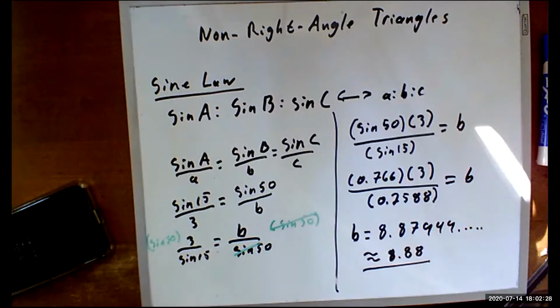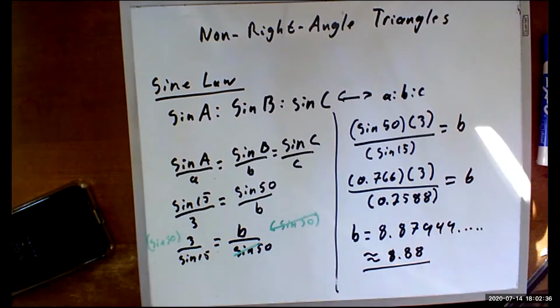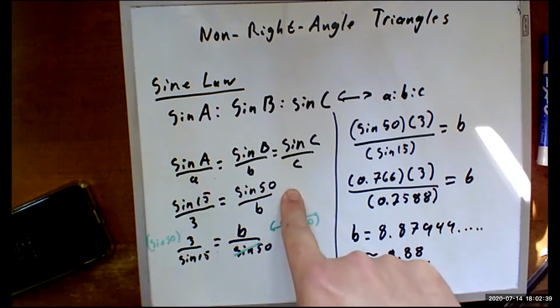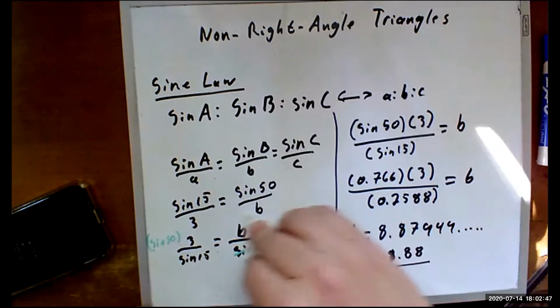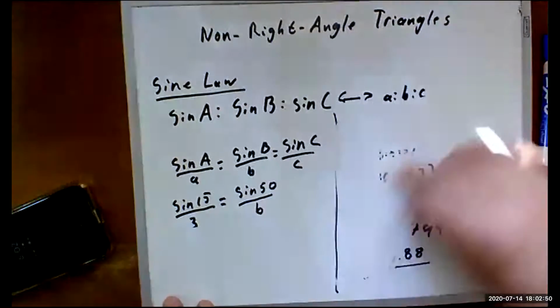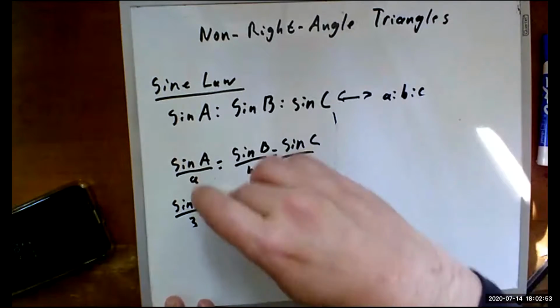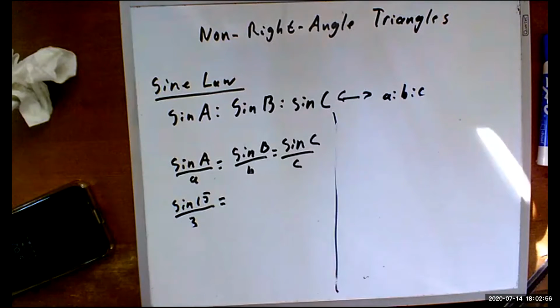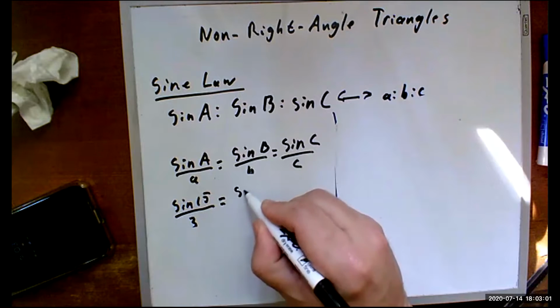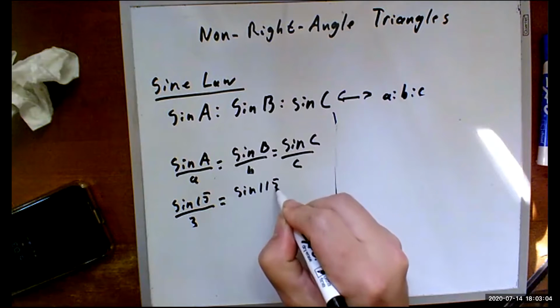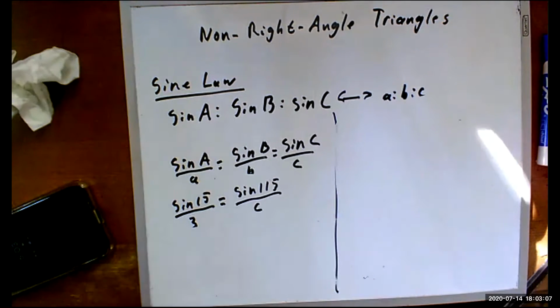Having done that, we can do the same thing now for the sine of c. Just give everybody a chance to finish copying that down. But I'm just going to go right back to this step. And it's all going to work out approximately the same way, although, of course, with different numbers. So I'm going to keep my initial sine of 15 over 3, but now I want the sine of c, which we decided was 115 over c.